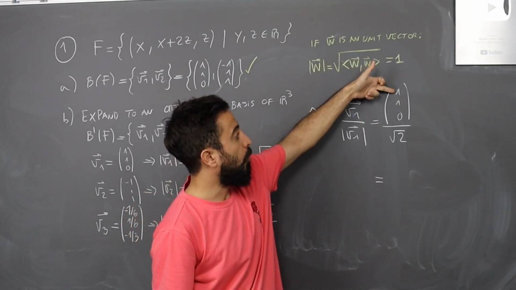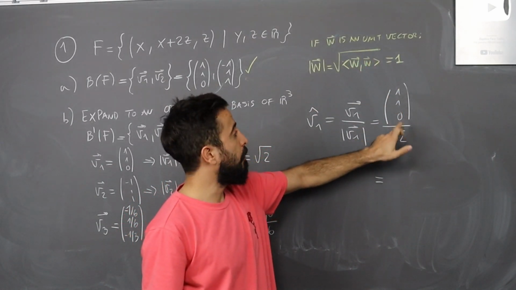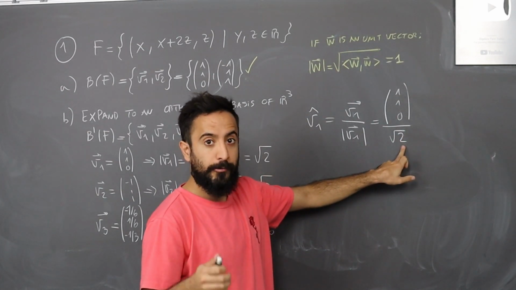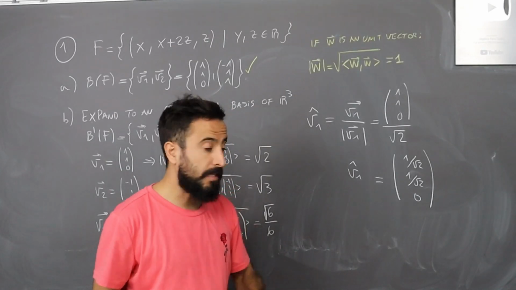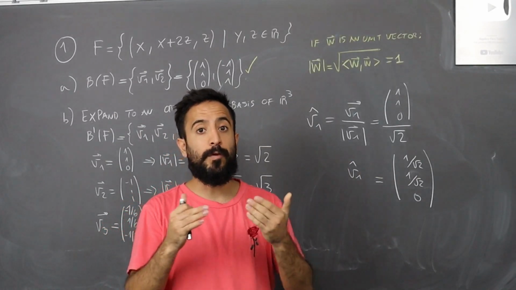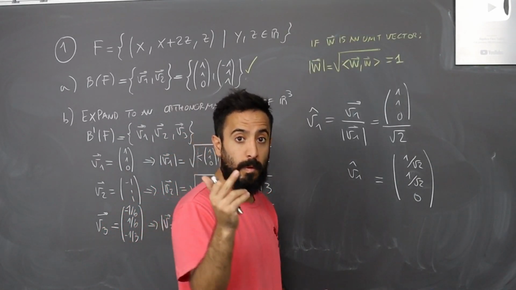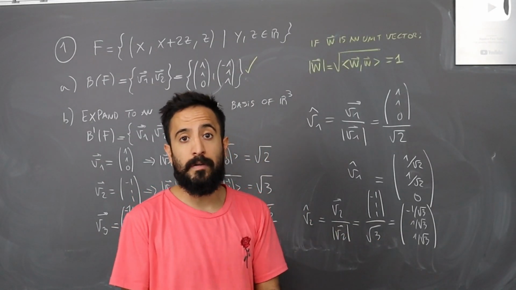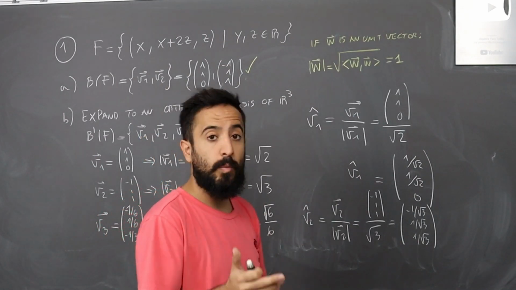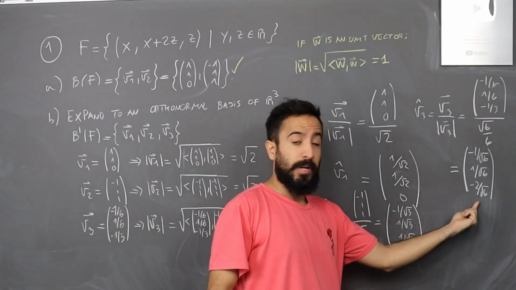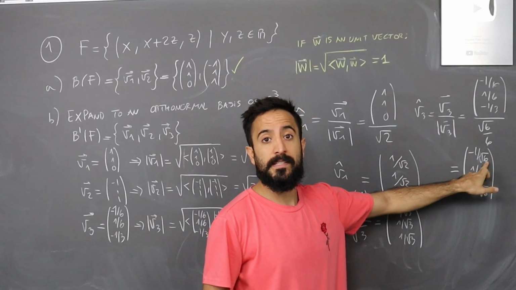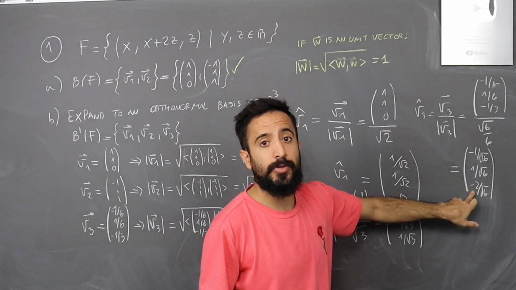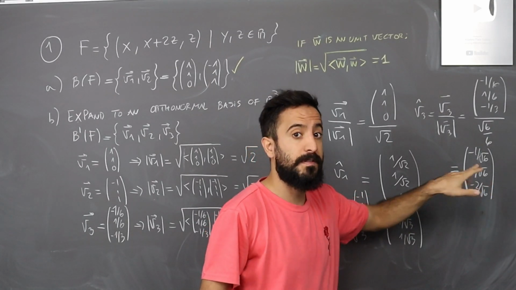So we have to do 1 divided by square root of 2, 1 divided by square root of 2, and 0 divided by square root of 2. And we get this vector right here. If we do the same with vector b2, we will have this unit vector right here. And also, if we do it with b3, then we will get this vector right here. Minus 1 divided by the square root of 6, 1 divided by the square root of 6, and minus 2 divided by the square root of 6.